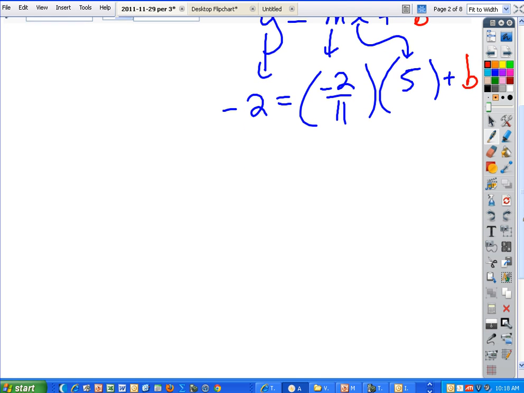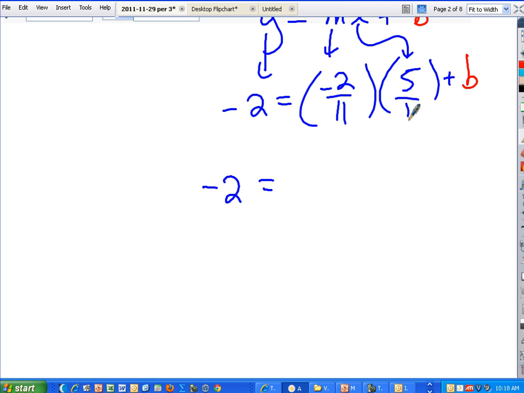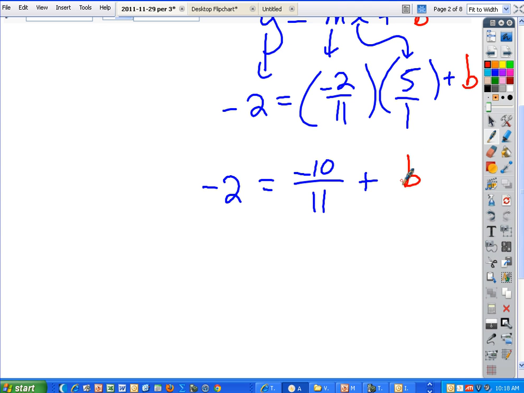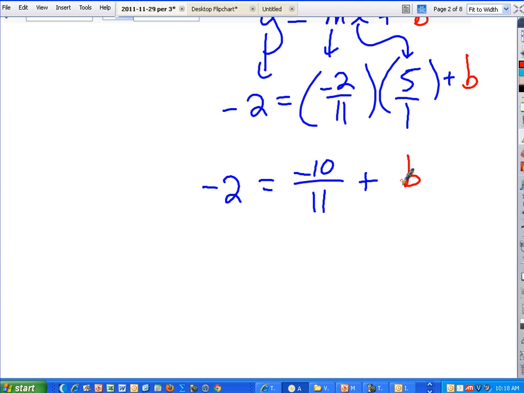So let's solve for b. Now, if I multiply those fractions straight across, what do I get? -10/11. So I get -10 on the top and 11 on the bottom. So what's the one thing I've got to do to get b by itself then? I'm going to add 10/11s to both sides, right?